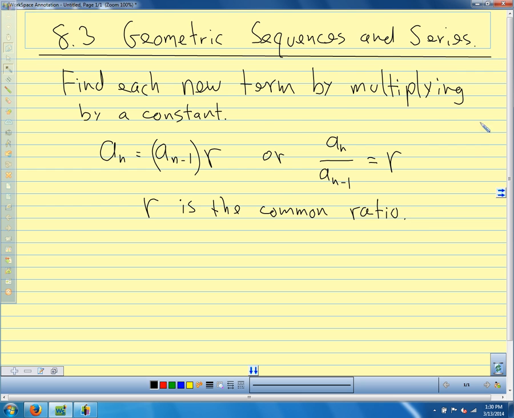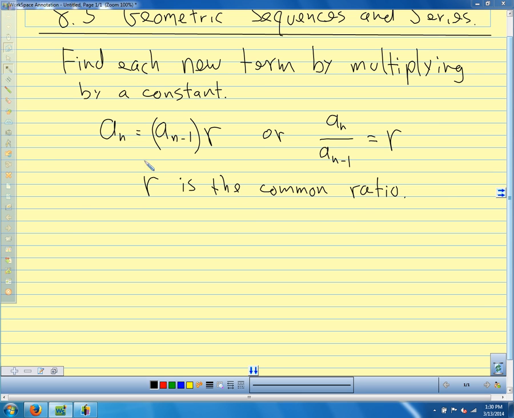So let's look at a couple of easy examples here. Let's say we had the geometric series 3, 6, 12, 24, etc. Definitely not an arithmetic sequence, because 3 plus 3 is 6, but 6 plus 3 is 9, not 12.